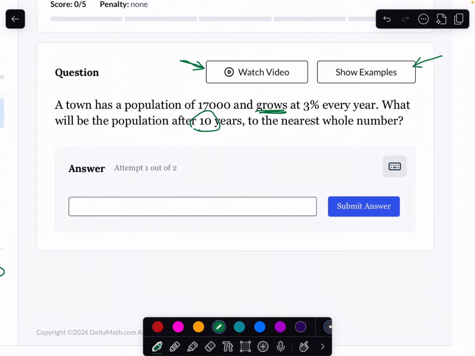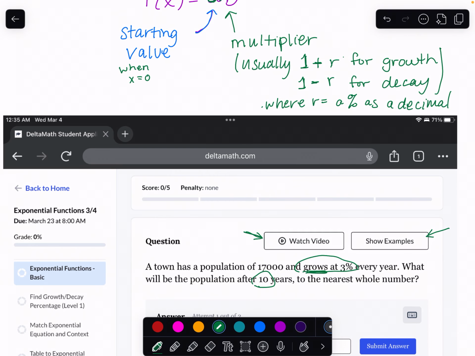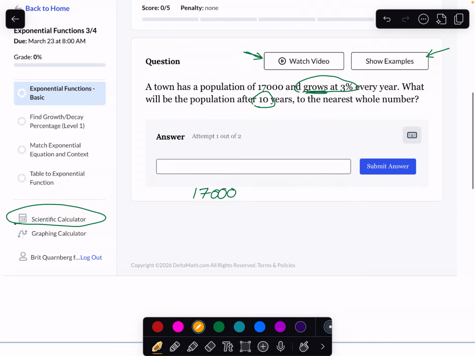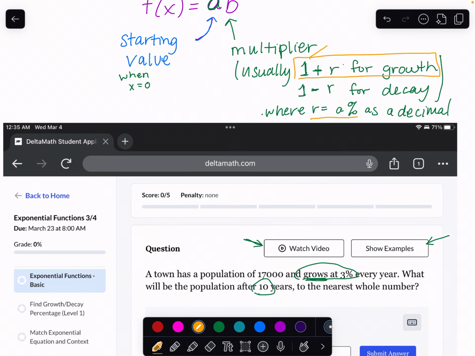So we would have our 17,000, and it says it grows at 3% every year. I can see there is this growth right here. So I'm going to do 1 plus that rate, the percent as a decimal. This is how I remember it: where the 1 comes from is it's like saying 100%.